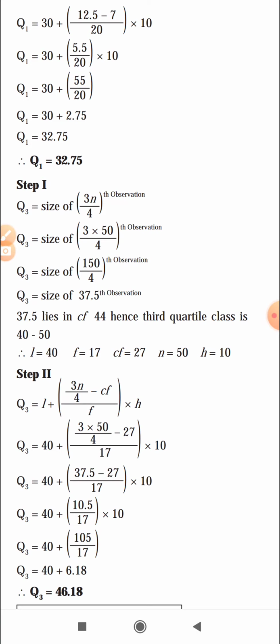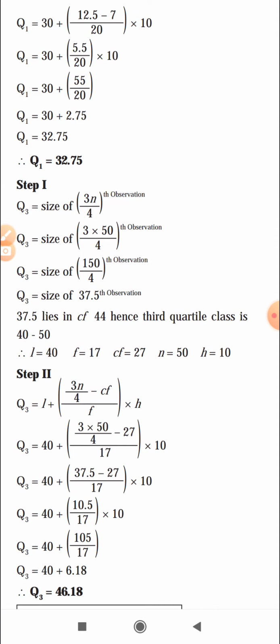To calculate Q3, first we need to find out the value of quartile. How to find out the value of quartile, and why do we find it? To find out the quartile class for Q3.